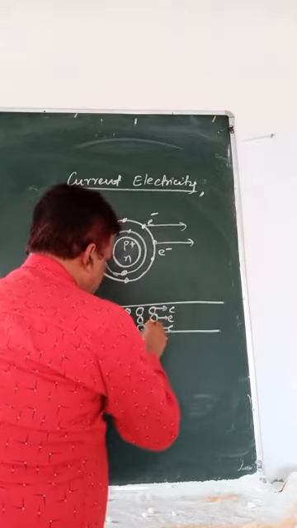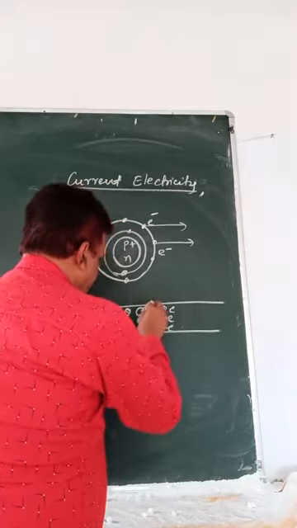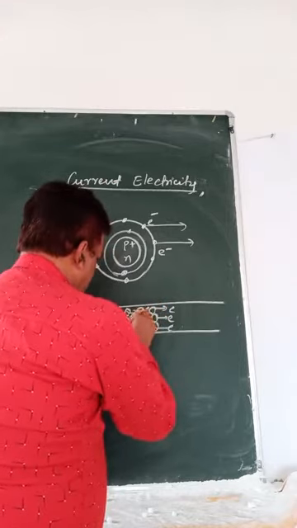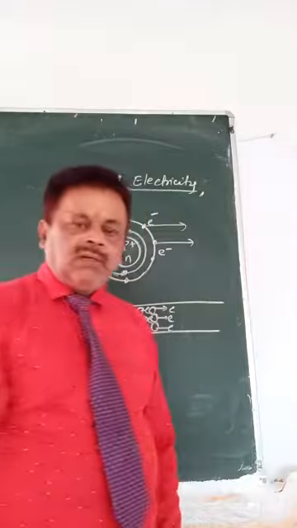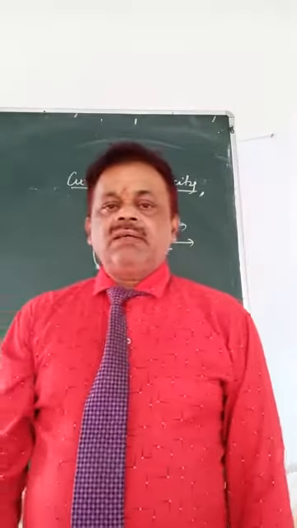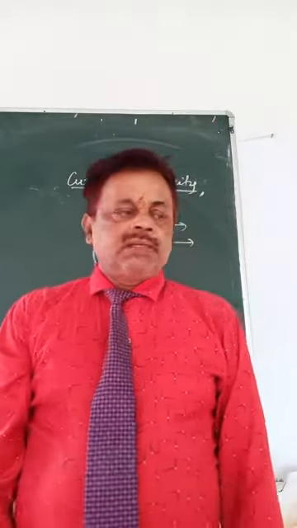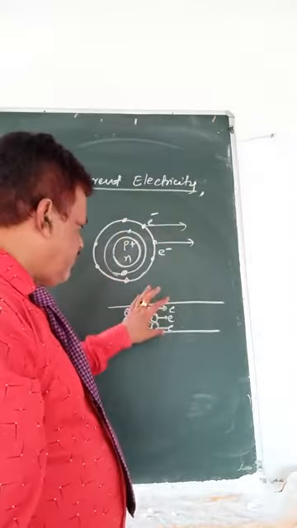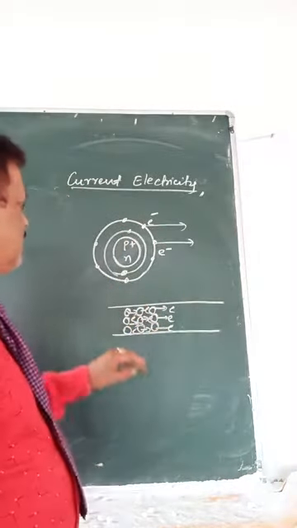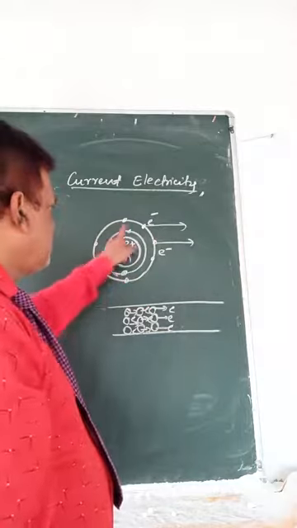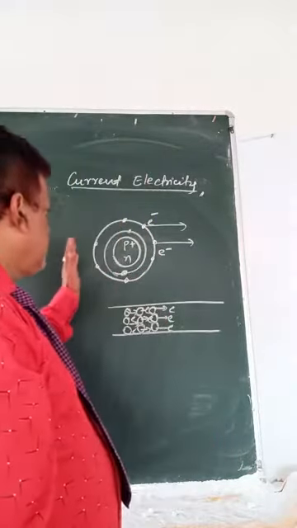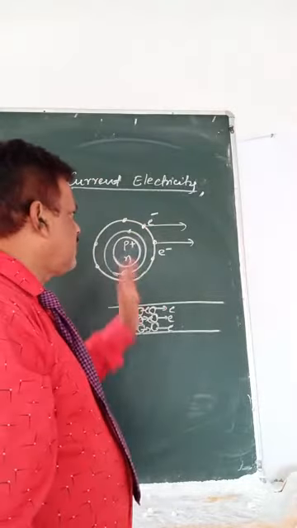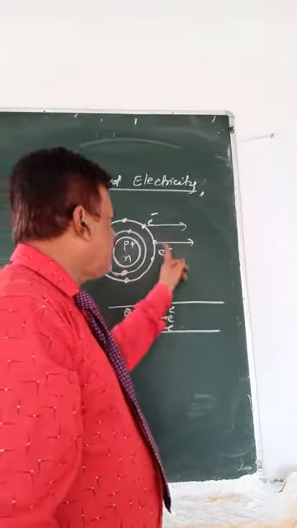This electron flow is responsible for the flow of the current. So the first idea we got here: electrons are responsible for the flow of current, because when you give an external force to the atom, electrons move out easily.